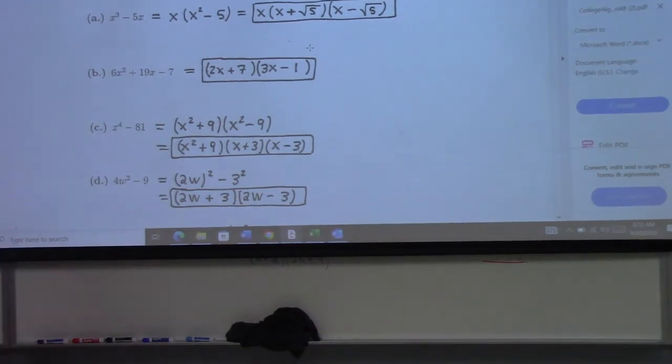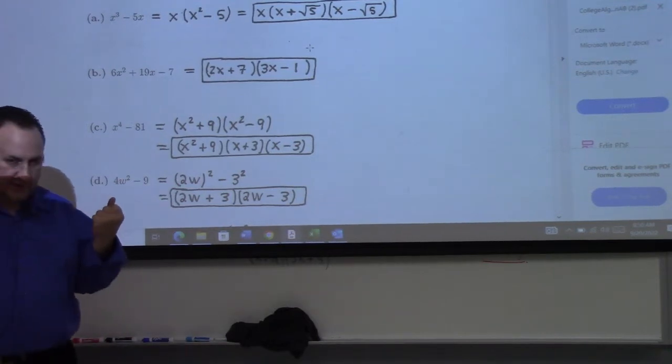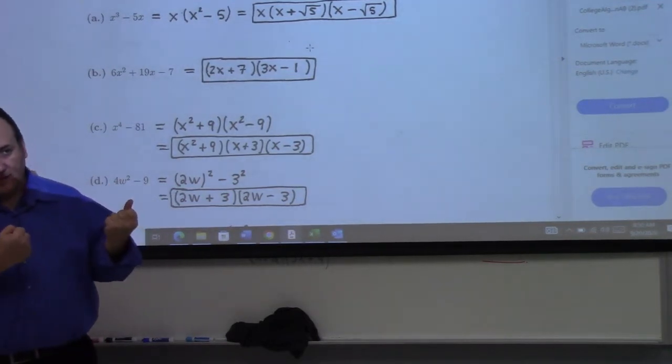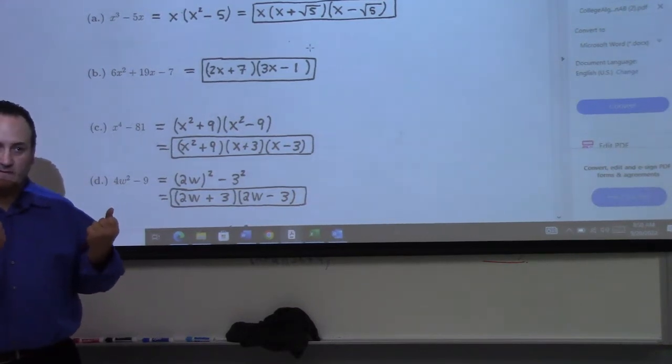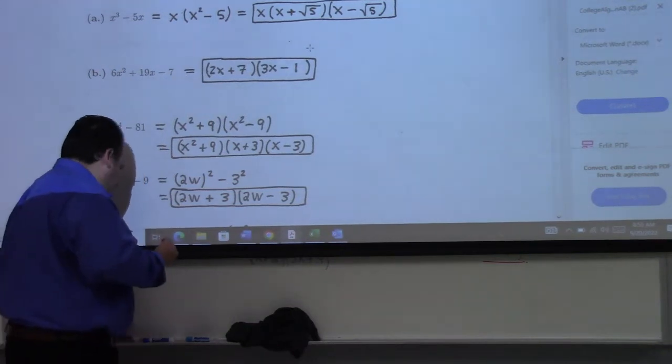So all right, these problems. I told the other sections this, I'll tell you guys too. I think the fundamental confusion of college algebra is confusing the problem of factoring with the problem of solving. Do you understand the difference between factoring and solving?